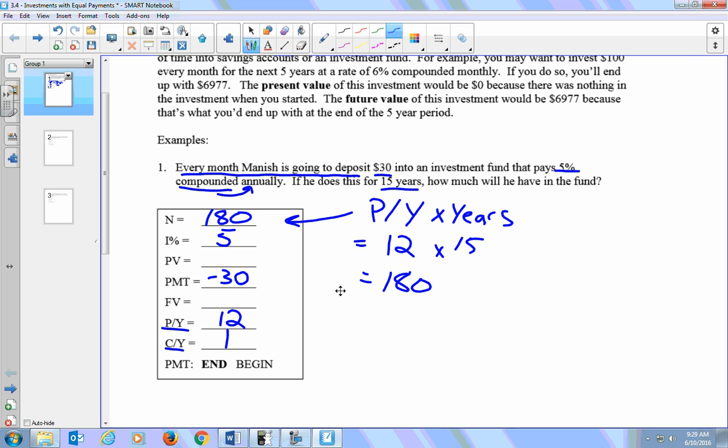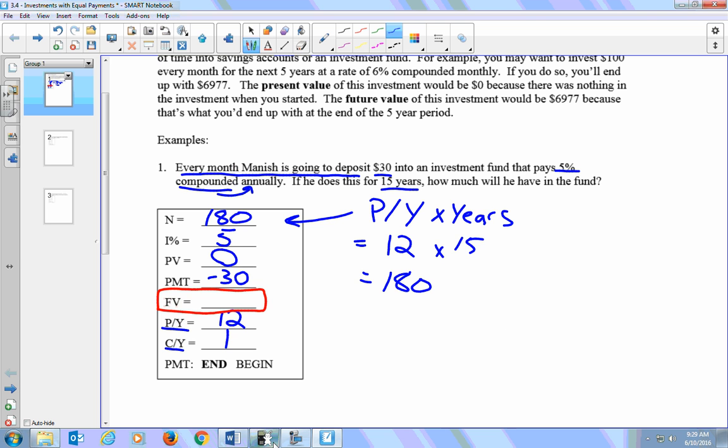And now this is saying, how much will he have in the fund? So that's the future value. At the end of 15 years, how much will he have? That's what we're trying to find. And our present value is 0 because initially there was no money in that investment. So now we have our box filled out.